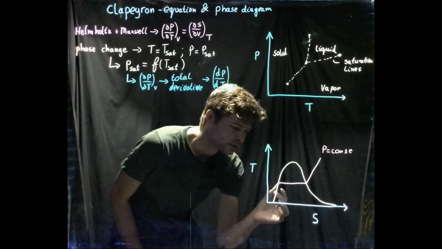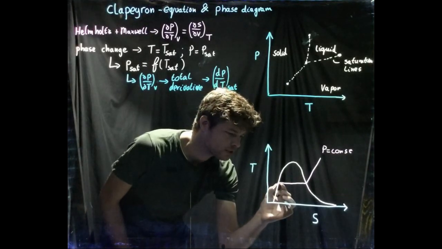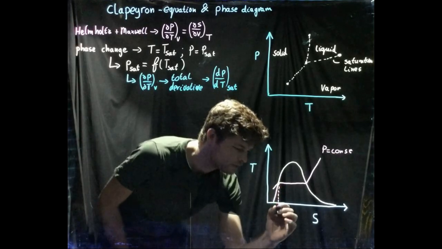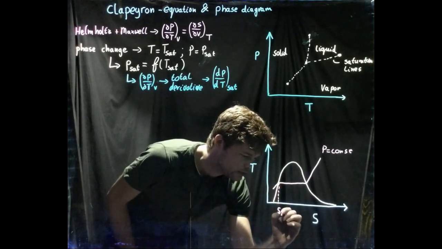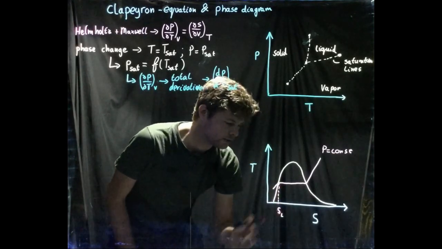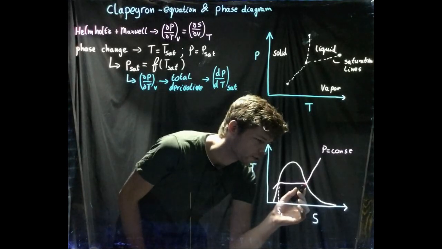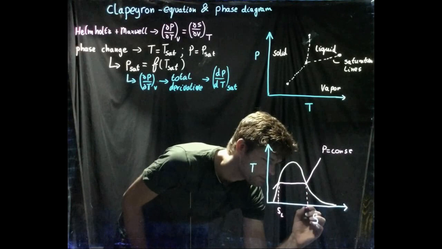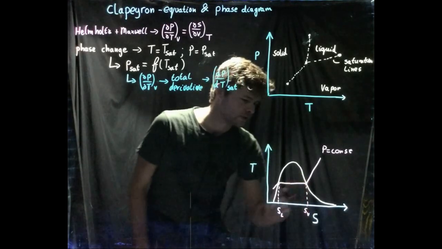And during phase transformation, which occurs over here, you can see that over here we've got the liquid entropy, and over here we have the vapor entropy, so the saturation line of vapor.